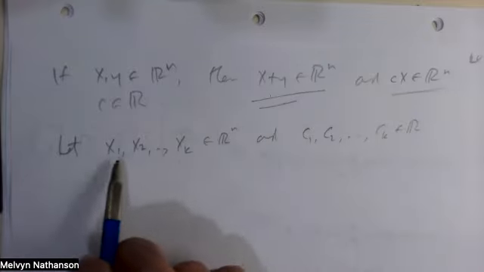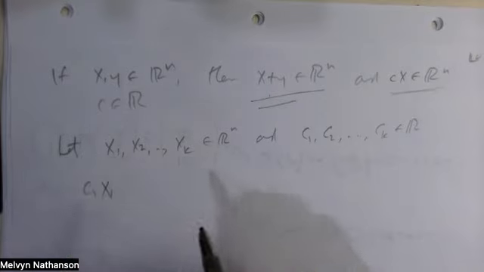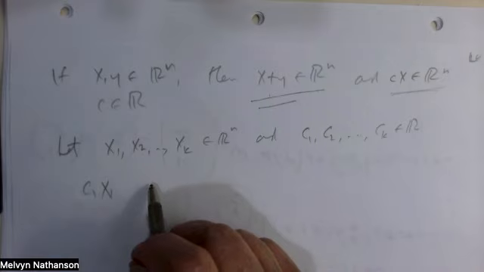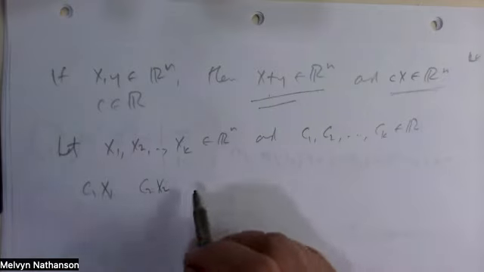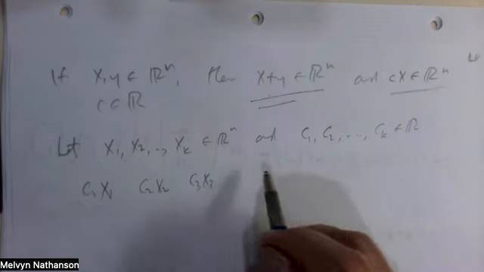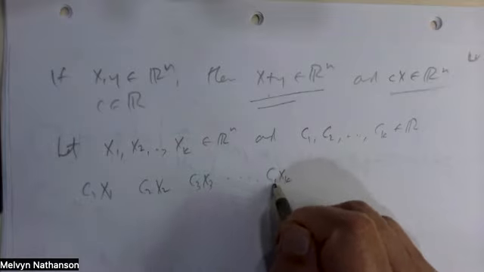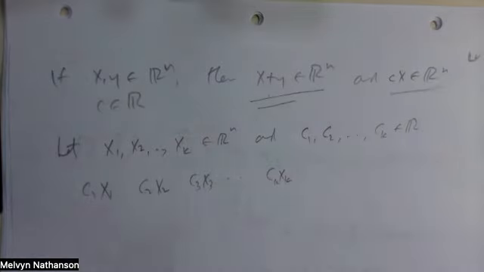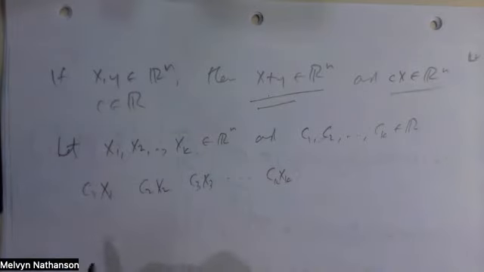So I can take the vector x1 and multiply it by the scalar c1. I can take the vector x2 and multiply it by the scalar c2. If I have a vector x3, I would multiply it by the scalar c3 and so forth, all the way up to the vector xk multiplied by the scalar ck. So I can take each of these vectors and multiply them by scalars.